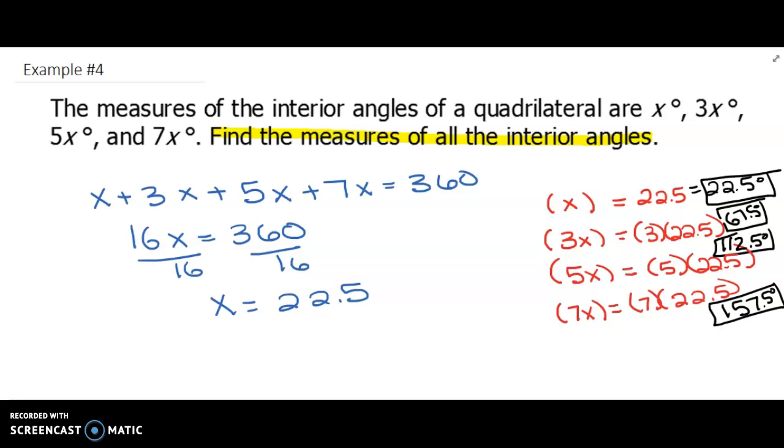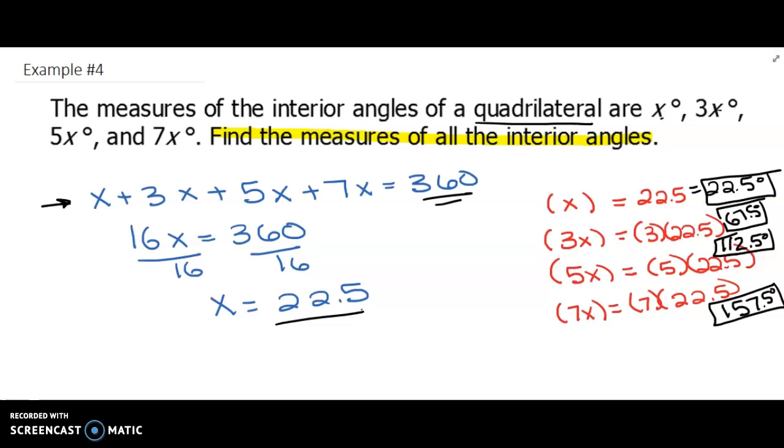All right, so you know that all of the angles of a quadrilateral, which we are told this is, are x, 3x, 5x, and 7x, and they all have to add to 360. So we get this equation. We simplify it, we solve for x, we get x is 22.5. But this question didn't say solve for x.